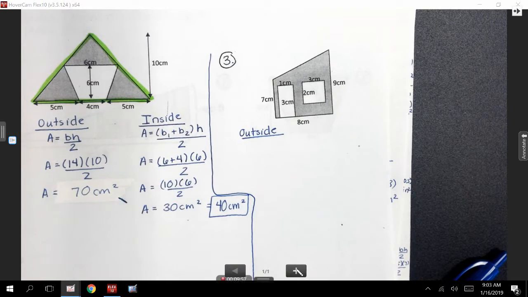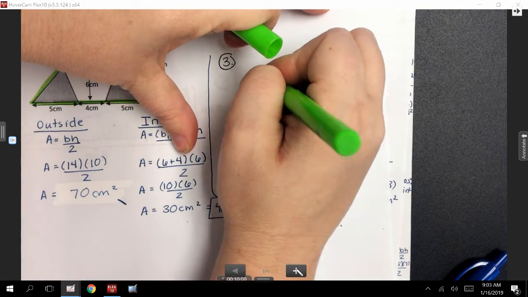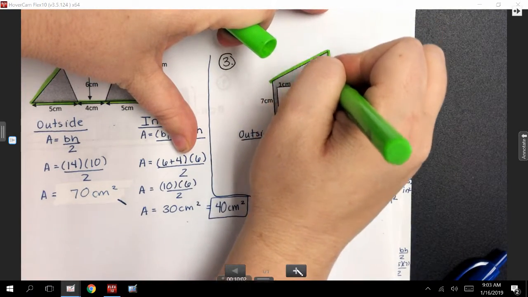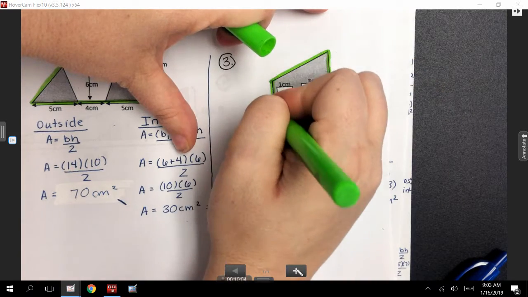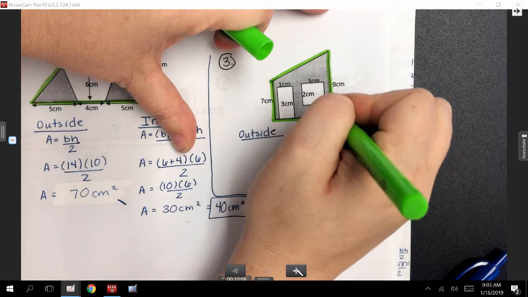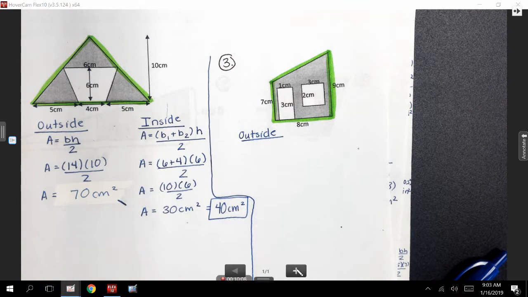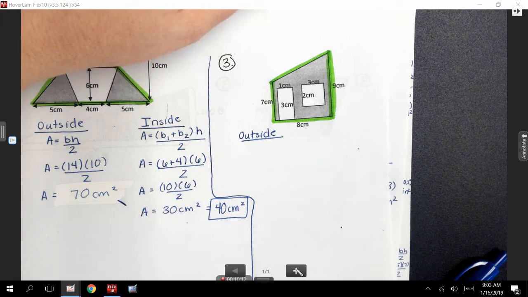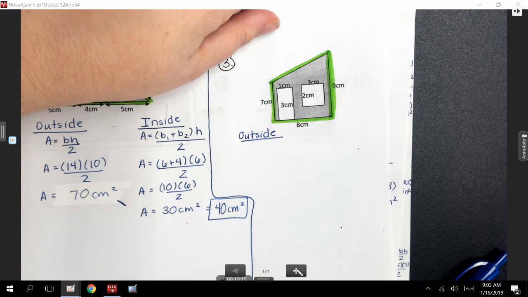All right, so my outside shape. All right, what shape is going to be on the outside here? Taylor Robertson? What shape is that on the outside? A trapezoid.